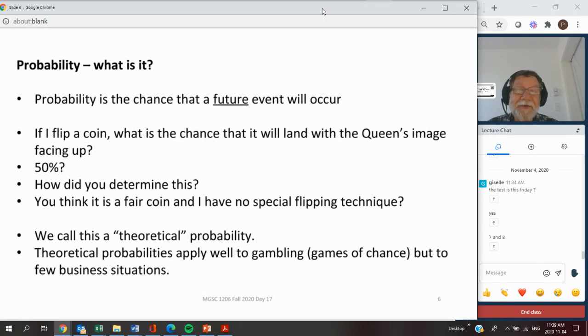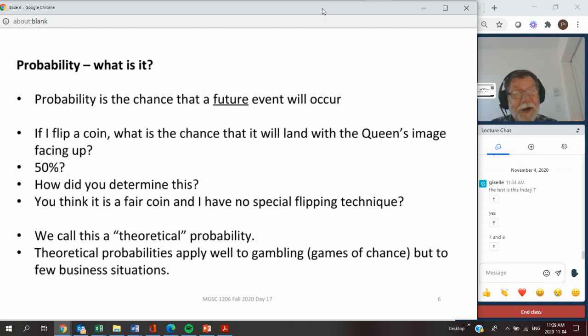And this is relevant. I can't show you this easily with my little picture here, but the easiest example of probability is flipping a coin. I forgot to bring a coin with me, but if I was to flip a coin, a Canadian coin has generally got the queen on one side and an animal or something on the other side.